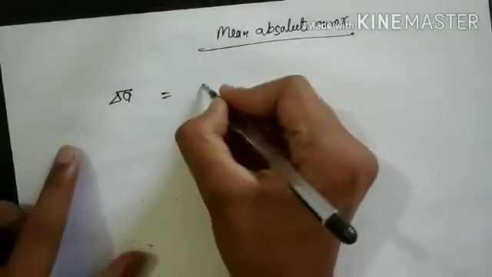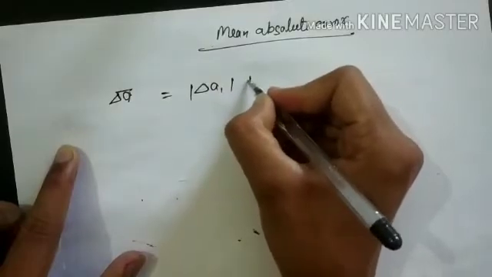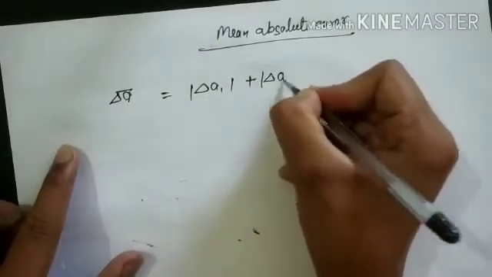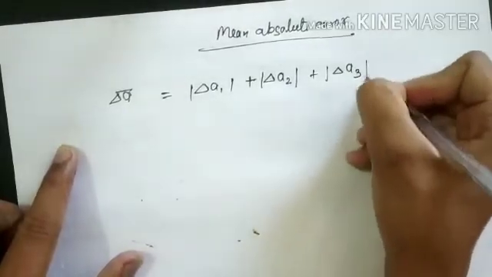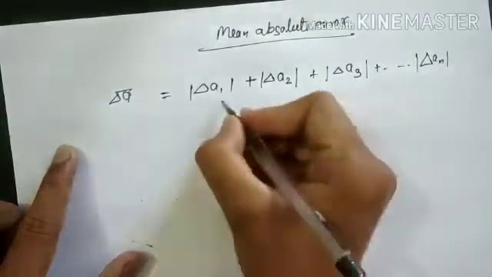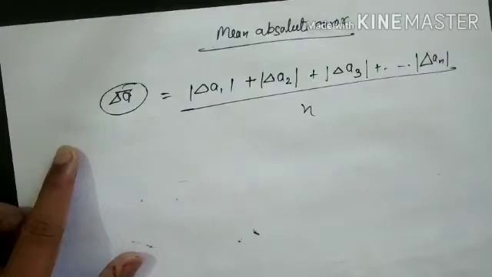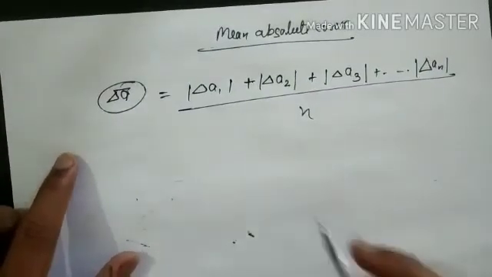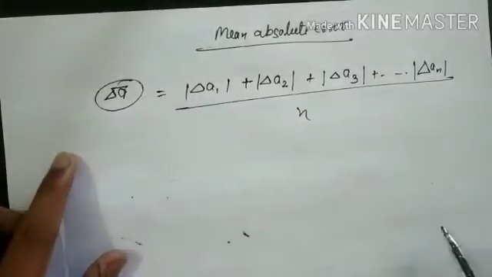So we'll get delta A1 plus delta A2 plus delta A3 plus dot dot dot delta An over n. This is called mean absolute error, the average of all absolute errors.